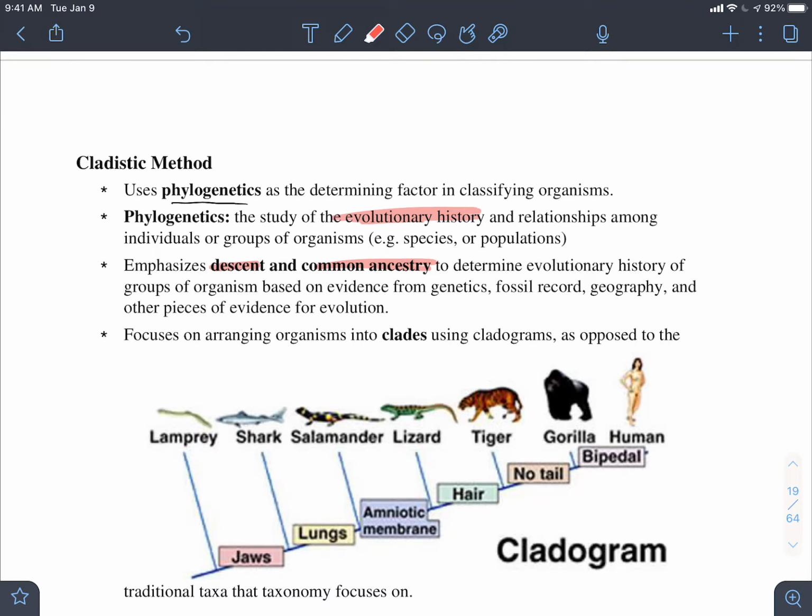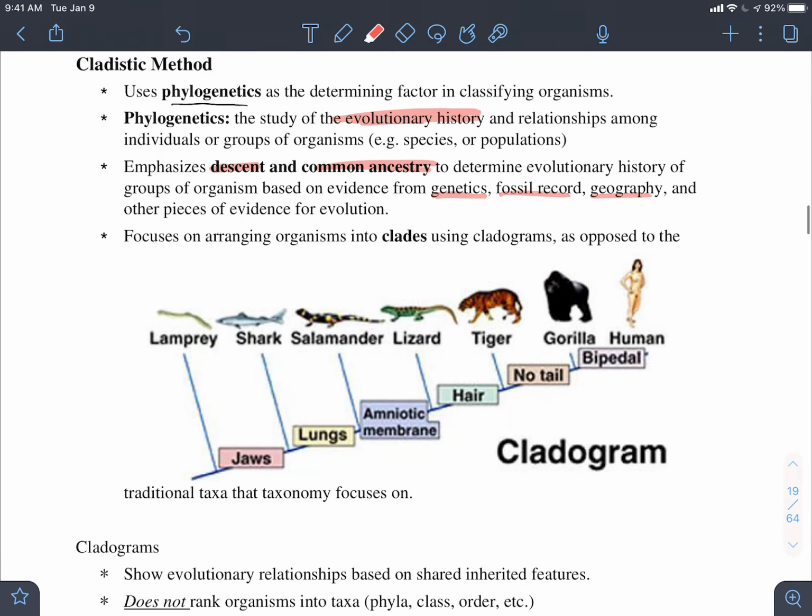So all the diversity on Earth today is actually the evolution of only a few basic organisms at the beginning of Earth's biological history. This will use genetics, but it'll also use fossil records and geography and other pieces of evidence to group organisms together or apart based on the possibility that they are related.